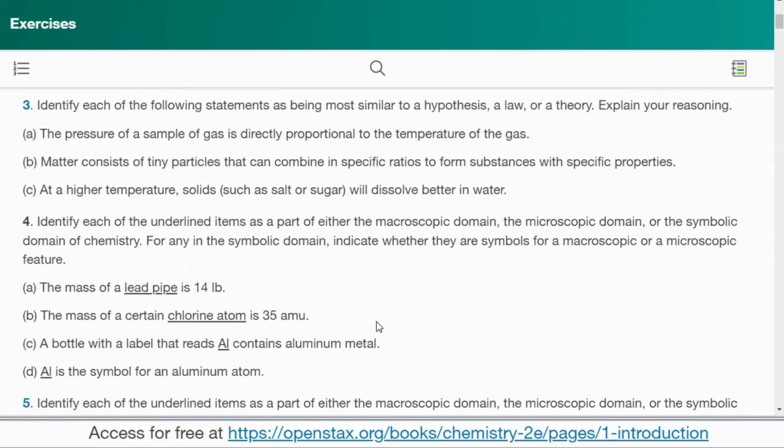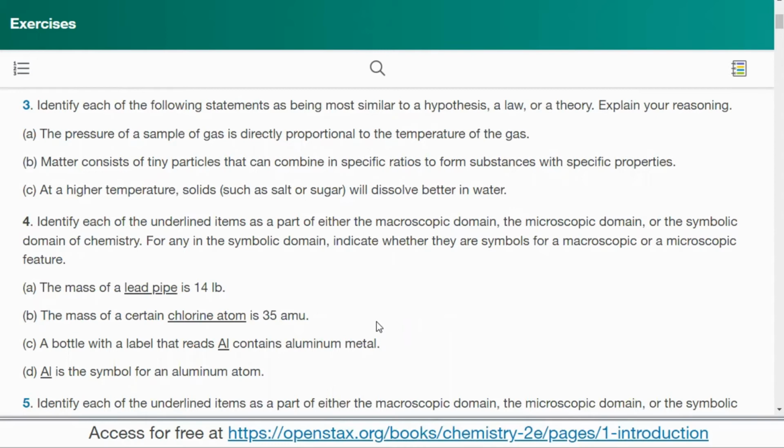I would call that a law. It relates to the ideal gas law. Now, the ideal gas law actually includes volume, so just a little caveat that that statement is not actually complete, but I'll call that a law. So A is a law.